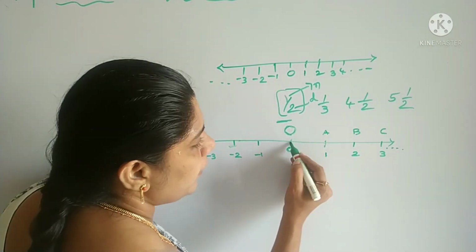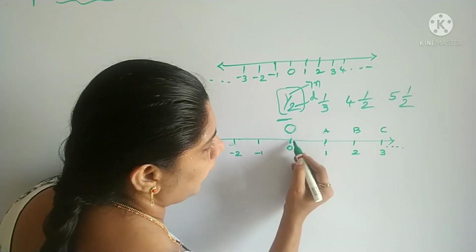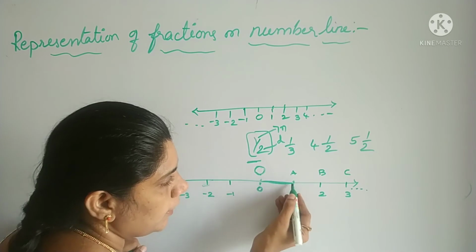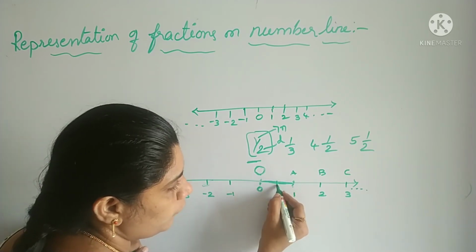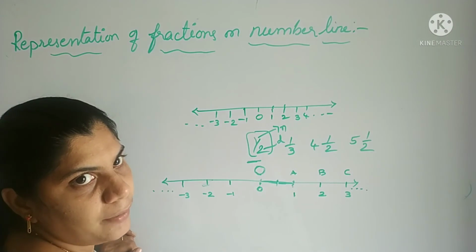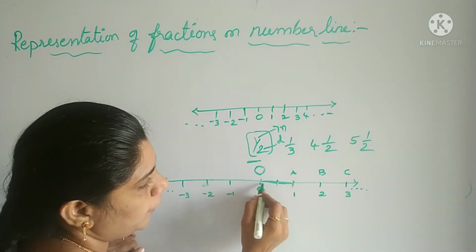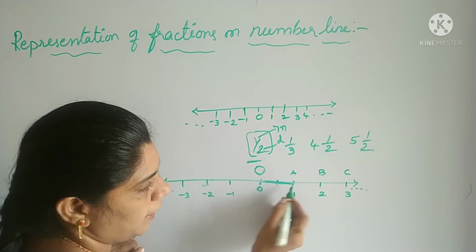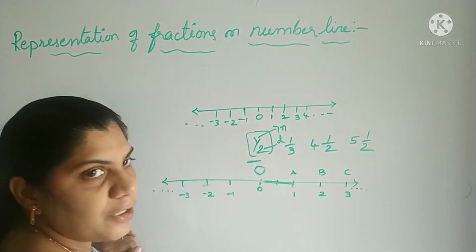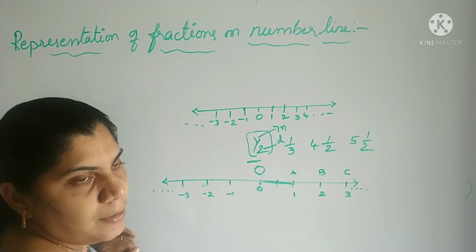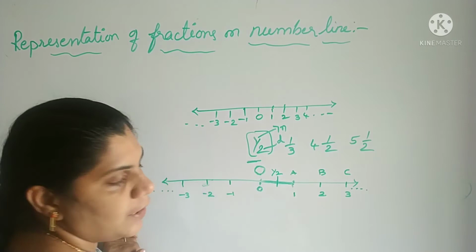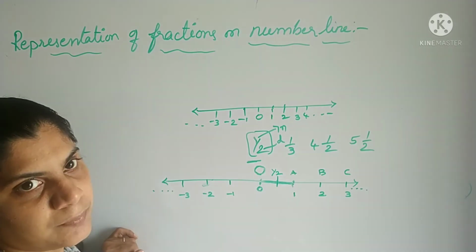So divide the 0 to 1 line, this is the 0 to A line, into 2 parts equally. This is the first part, this is the second part. What is the number in the numerator? 1. So take the first part as 1 by 2.